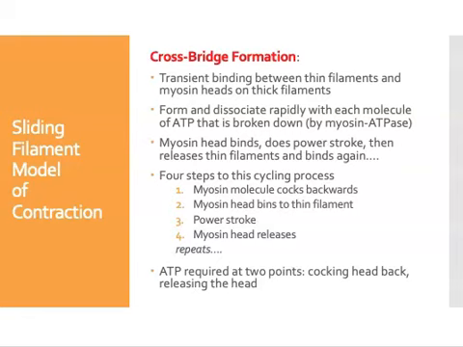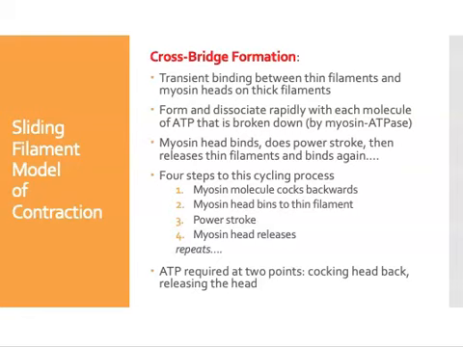It's transient binding, though, because the sliding has to continue, right? The head, in other words, has to bind to the thin filament, slide it a little bit, then it has to let go. It has to bind to the next spot on the thin filament and slide a little more.